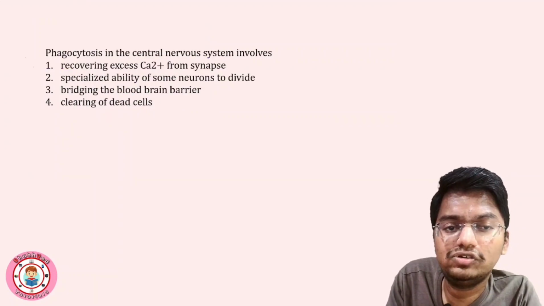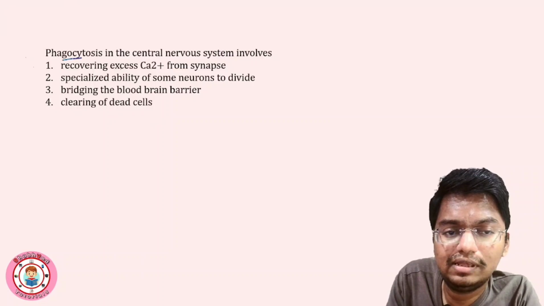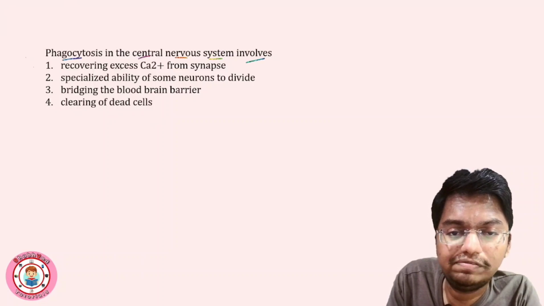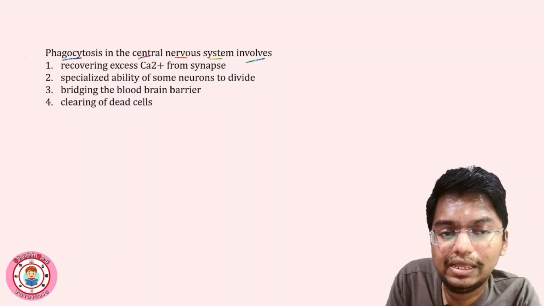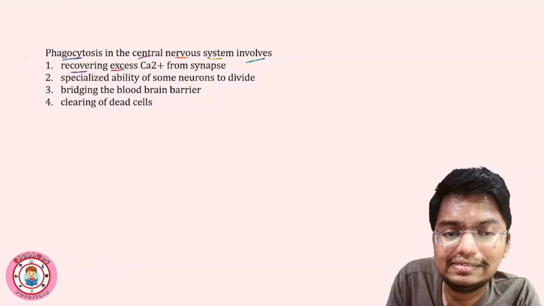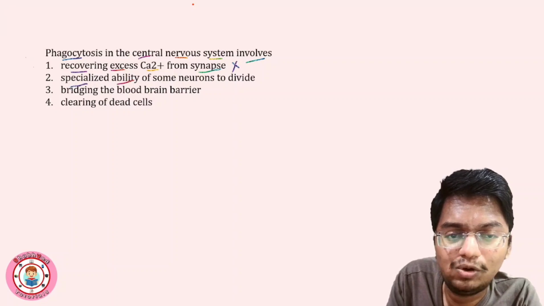Next question: phagocytosis in the central nervous system involves. Okay, what will happen in phagocytosis? Recovering excess calcium from the synapse? No. Specialized ability of some neurons to divide?